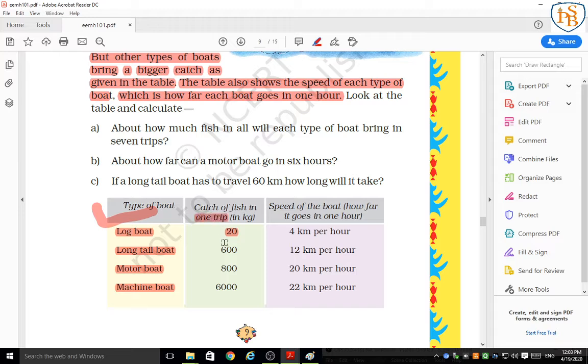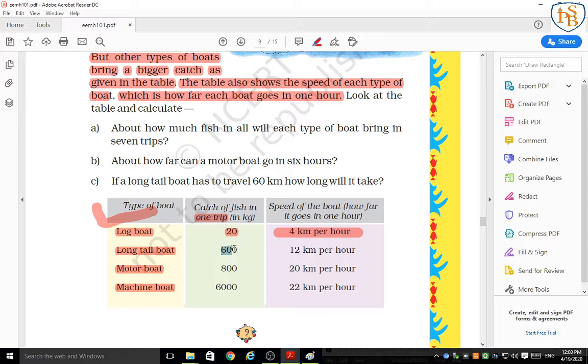They all are given with how much catch in one trip. So logboat, 20 kilogram. Then the speed of the boat. Speed of the logboat is 4 kilometer per hour. So logboat travels a distance of 4 kilometer in 1 hour. Next is long tail boat.